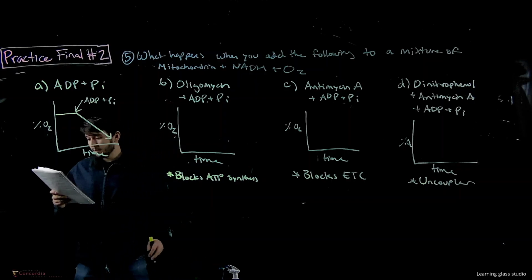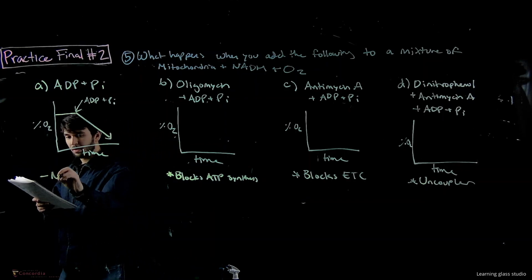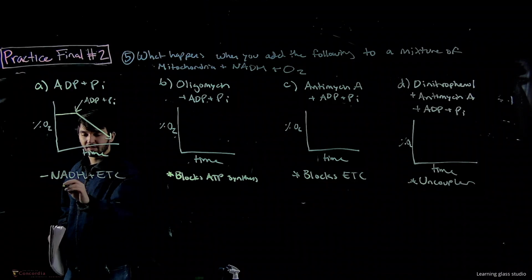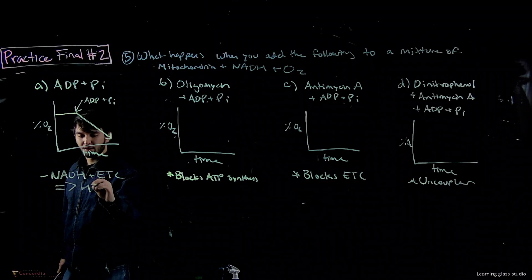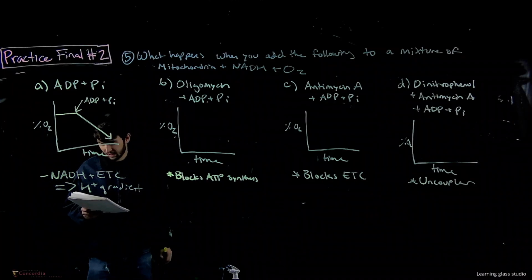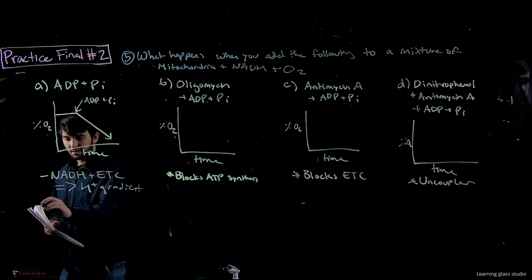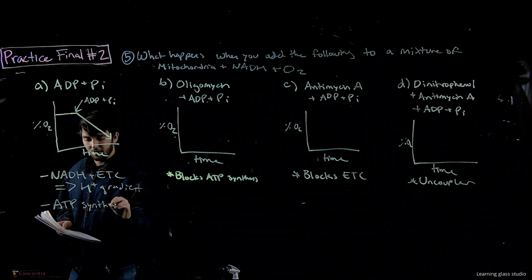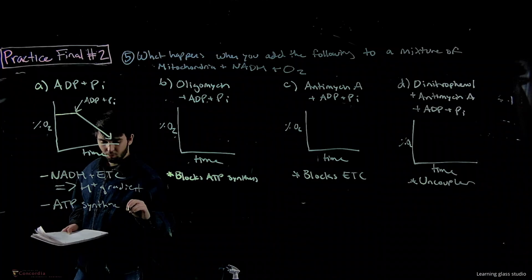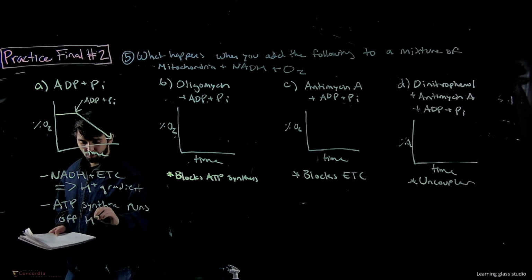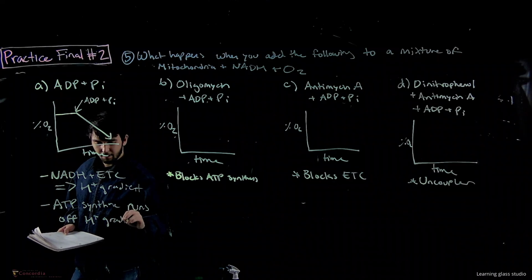Why? Because we know NADH plus ETC, what are these going to do? These are going to make an H plus gradient. All right, and we know that ATP synthase runs off the H plus gradient.